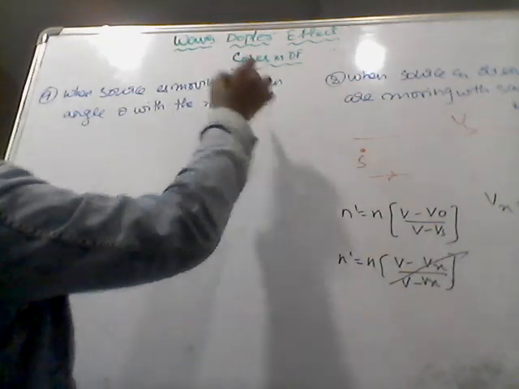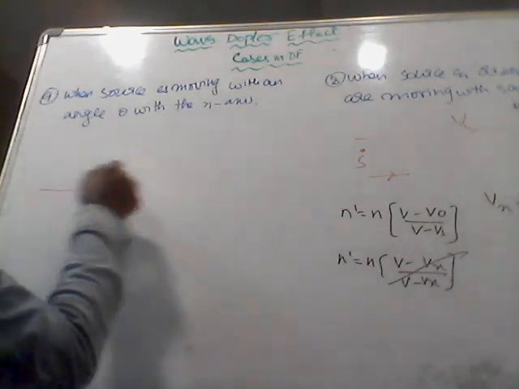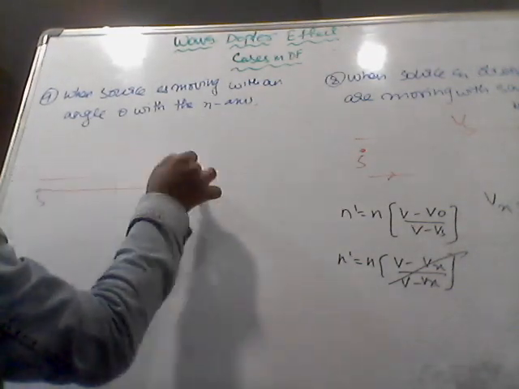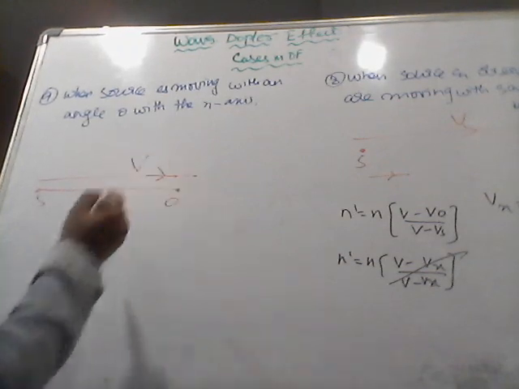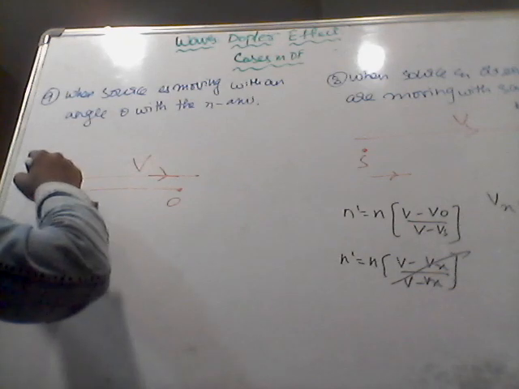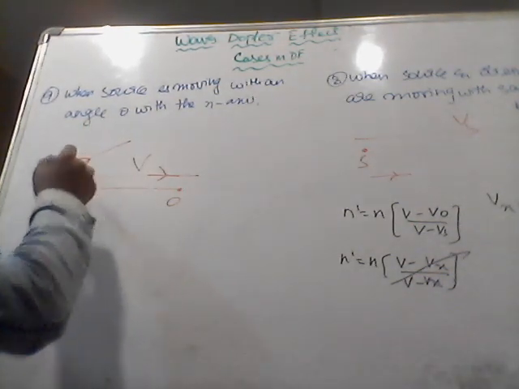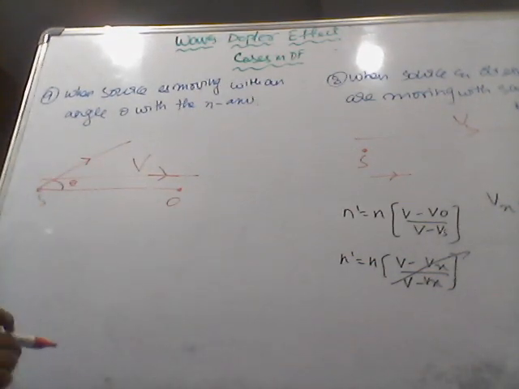Okay, let me draw the pictorial one if you are not getting the idea from the statement I wrote. Suppose that this is the source, this is the observer. Always this is the direction of the flow of the velocity of the sound. Correct? Now suppose, according to the case, the source is moving in such a way that it is making an angle theta with the x-axis. This is the x-axis.